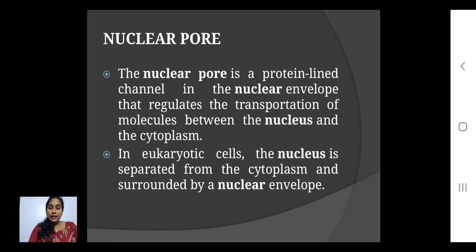That is carried out only with the help of the nuclear pore. In a eukaryotic cell, the nucleus is separated from the cytoplasm and surrounded by a nuclear envelope, which exists only in eukaryotic cells.